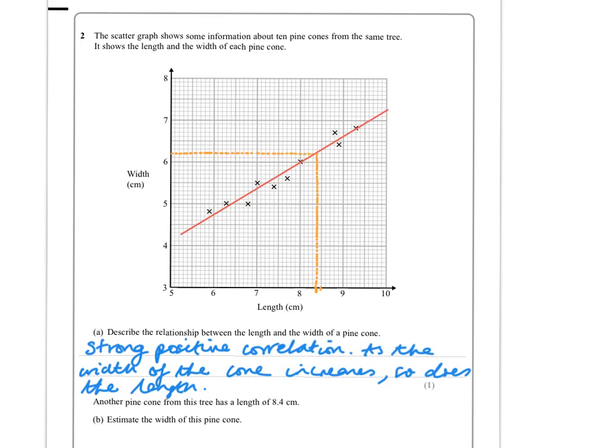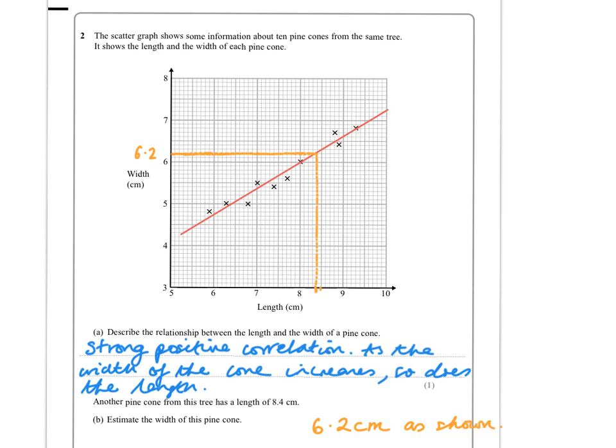I'd go this way generally because it'd be easier to get it right. And I would say that would be 6.2. So I would say estimate the width of this pine cone, and I would say 6.2 centimetres as shown.